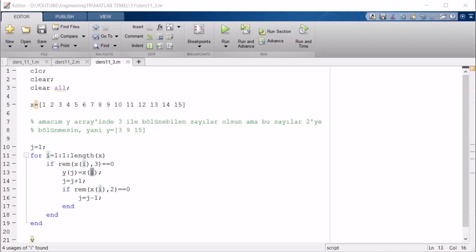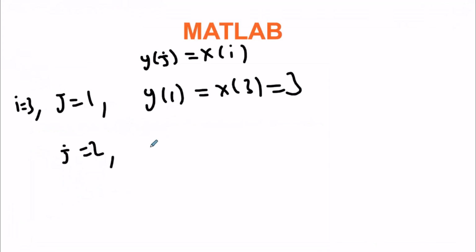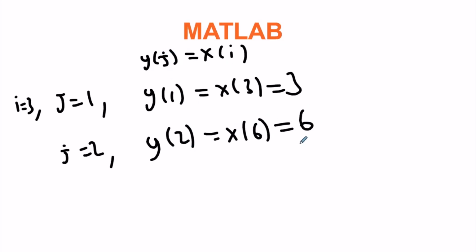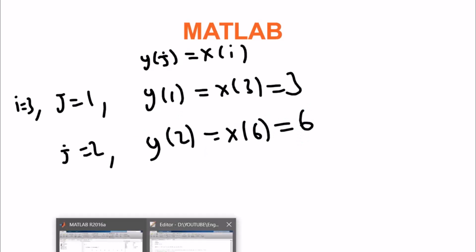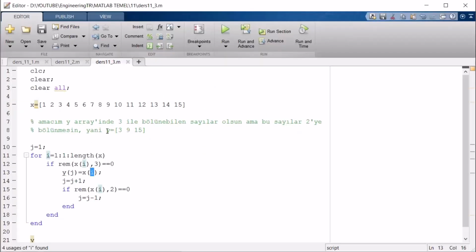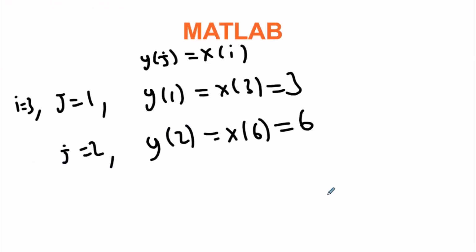Equate yj to xi. Since j equals 2, we equated y2 to 6, the sixth value of x. y2 equals x6 equals 6. But I don't want 6 in y because 6 can be divided by 2. I want it not to be divided by 2, so now 6 entered here.